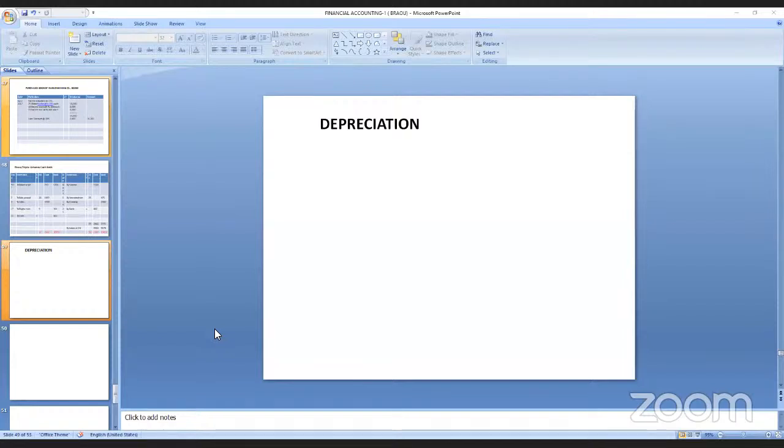According to this method, a fixed and equal amount is charged as depreciation every year during the lifetime of an asset. When you present the depreciation, the graph would be a straight line, because it is a fixed installment method. Straight line method means same.